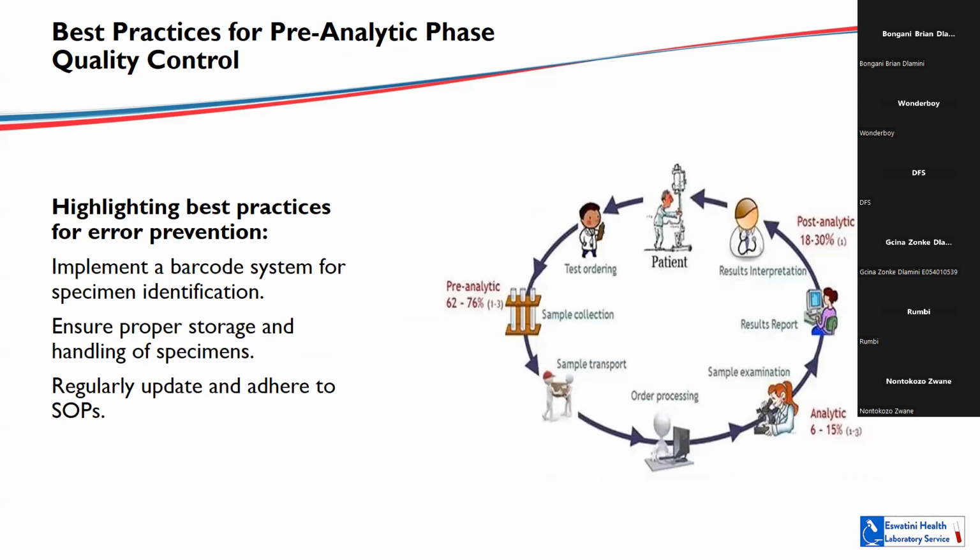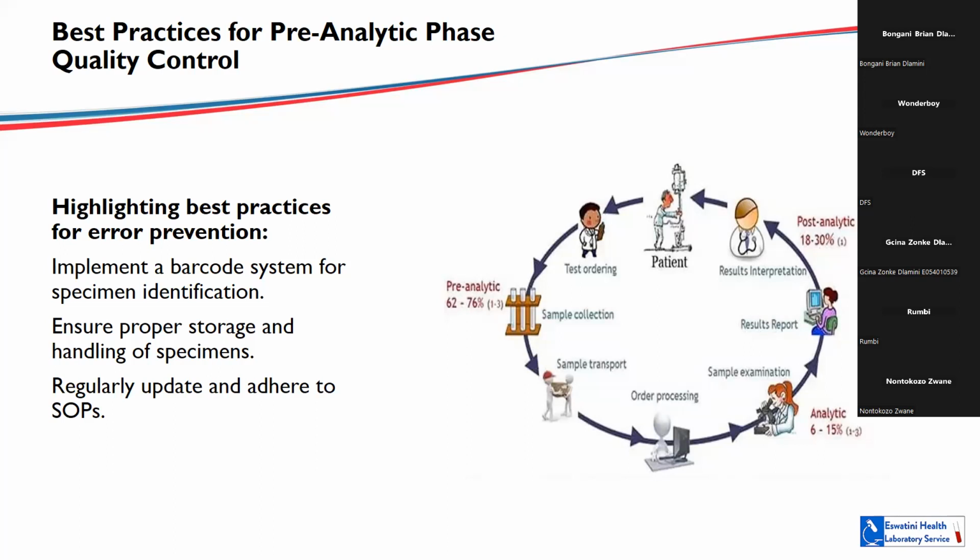Sometimes it used to be so difficult to read some handwriting, but now with this system, you can read the names well. However, I know that we still have to write the names even on the specimen tubes, be it blood or urine or whatever. We should do that, especially if our manual says so.